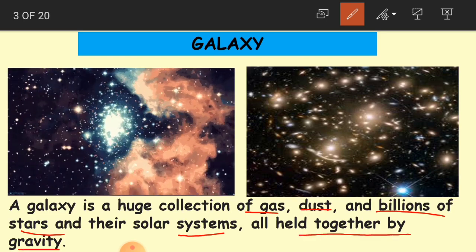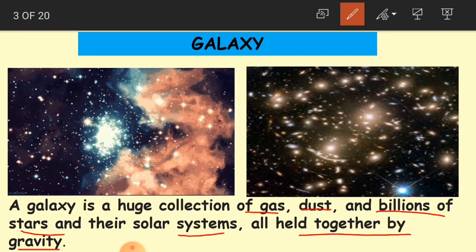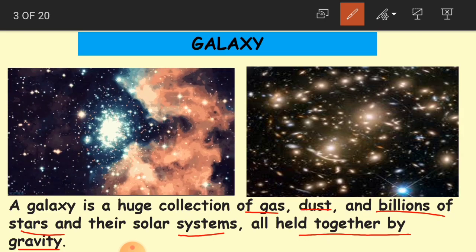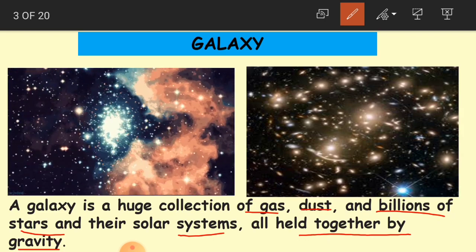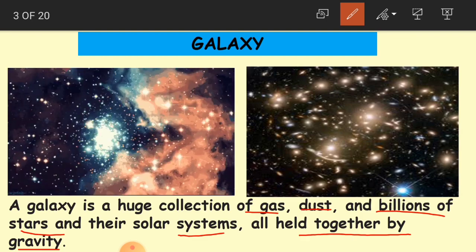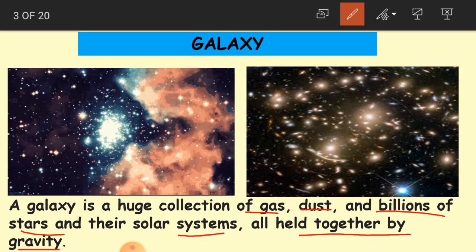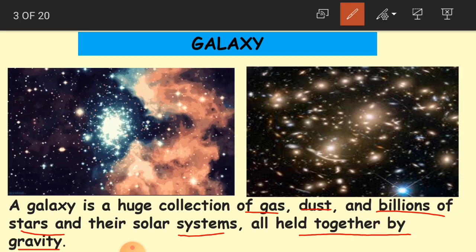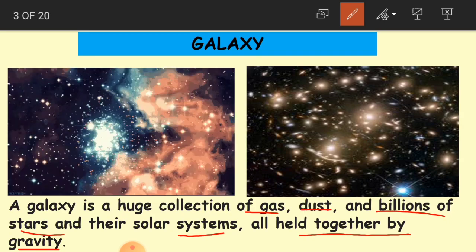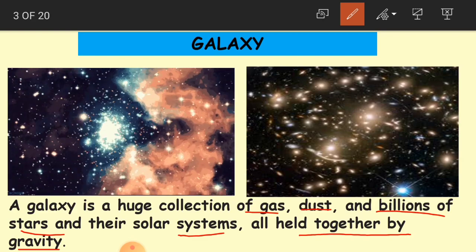Gravity is nothing but the force children. So a galaxy is a very big collection of gas and dust. We will not be able to see the gas and the dust children, but we are able to see the stars. And their solar systems, in the sense, around the star we have the planets which revolve.